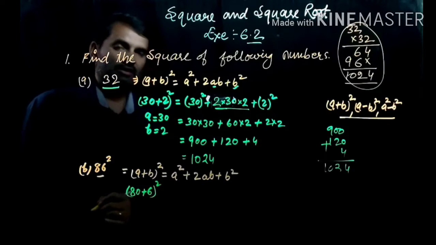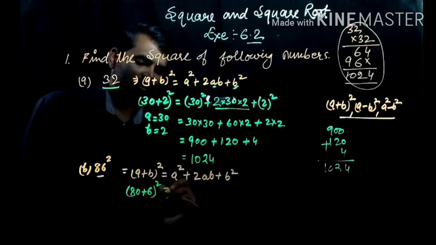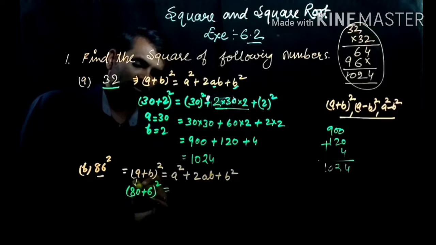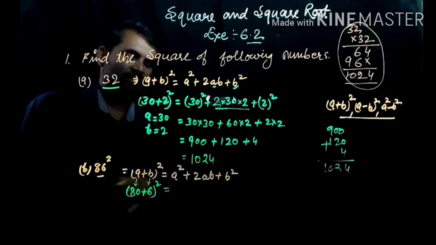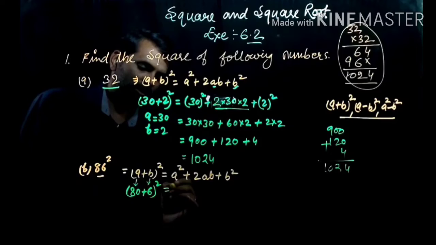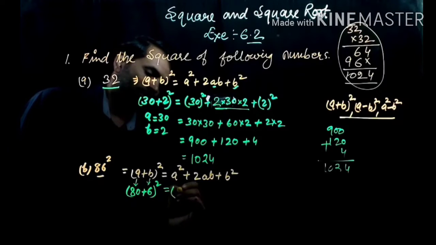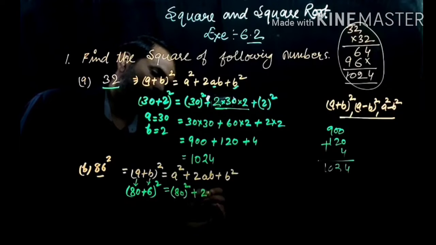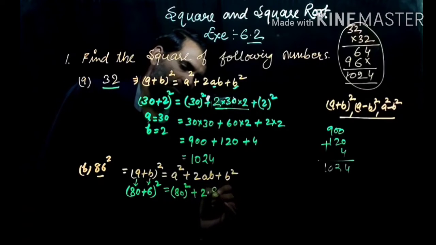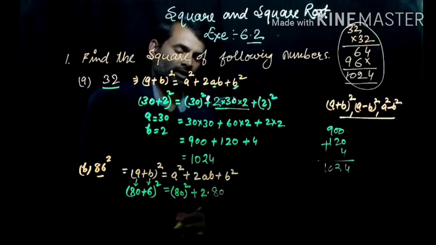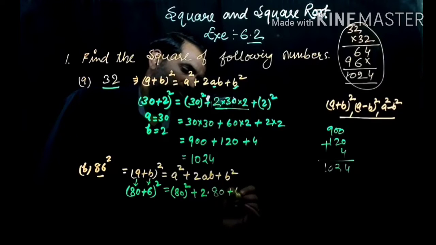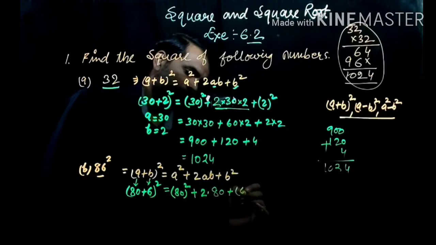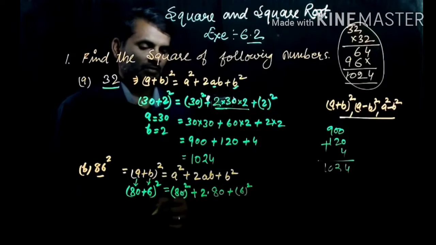The value of a is 80 and the value of b is 6. So a square is 80 square, plus 2 into a, which is 80, plus b square, which is 6 square.